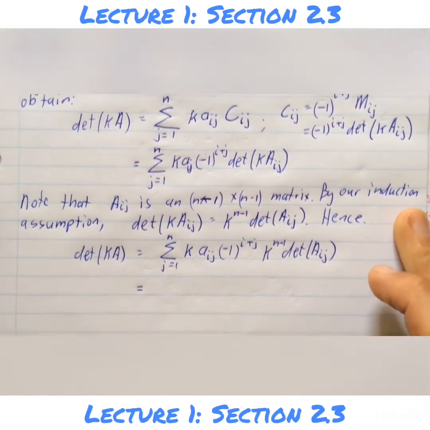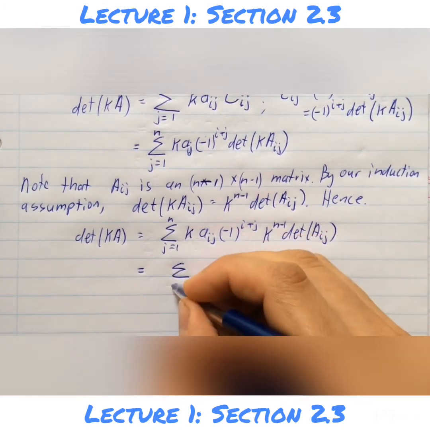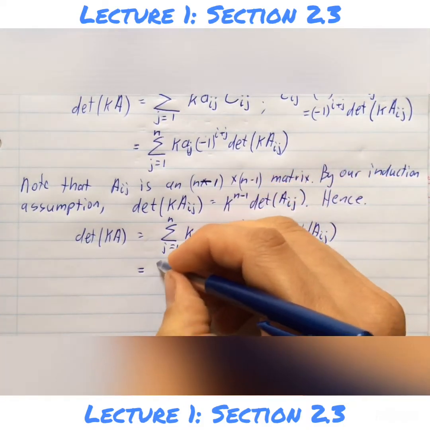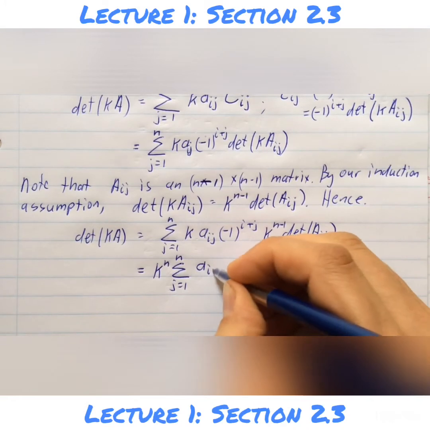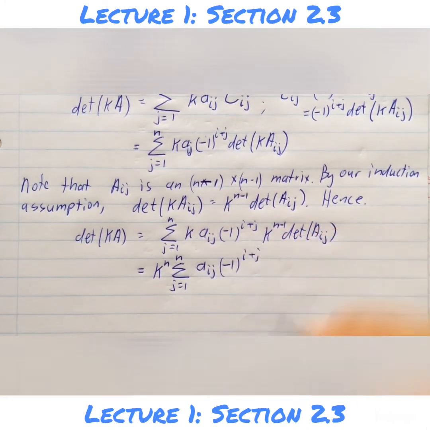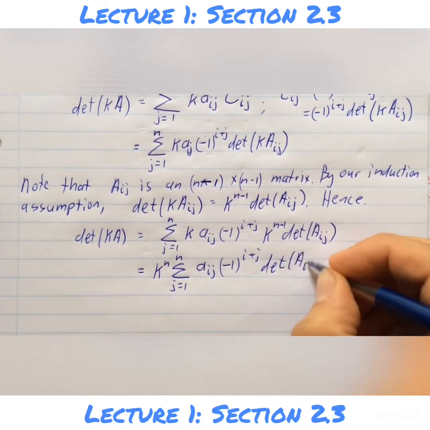Replacing that, we get the sum over j from 1 to n of K times K to the n minus 1, which is K to the n, multiplied by Aij, minus 1 to the power i plus j, and the determinant of Aij.